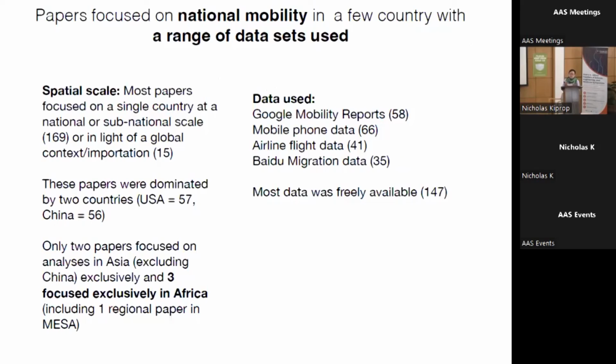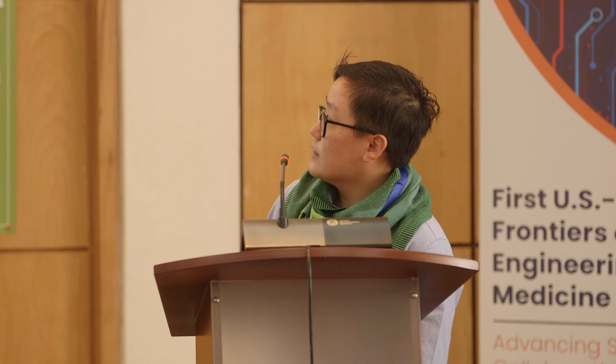But if we think about where these papers are being conducted and where we are getting a lot more information from, we did a deep reading of about 300 papers or so, and only 3 of those focused in Africa at all. They were predominantly dominated by either global projections, the US, China, or parts of Europe. So in terms of being able to leverage these data and understand more about mobility and disease transmission, we still have a number of gaps, particularly spatially.